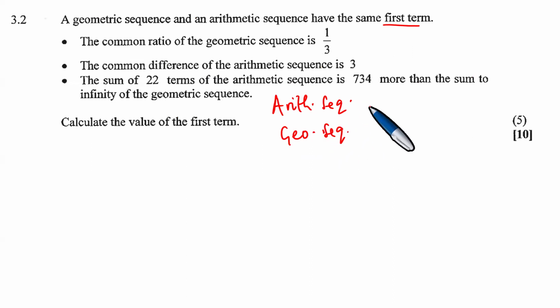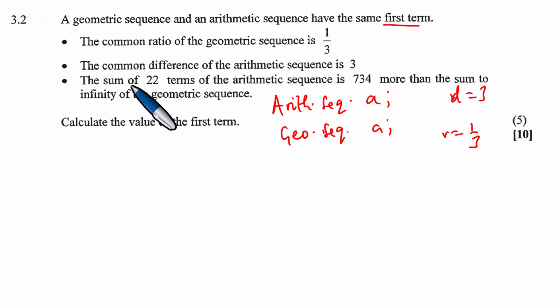The common ratio of the geometric sequence is 1/3, and the common difference of the arithmetic sequence is 3.